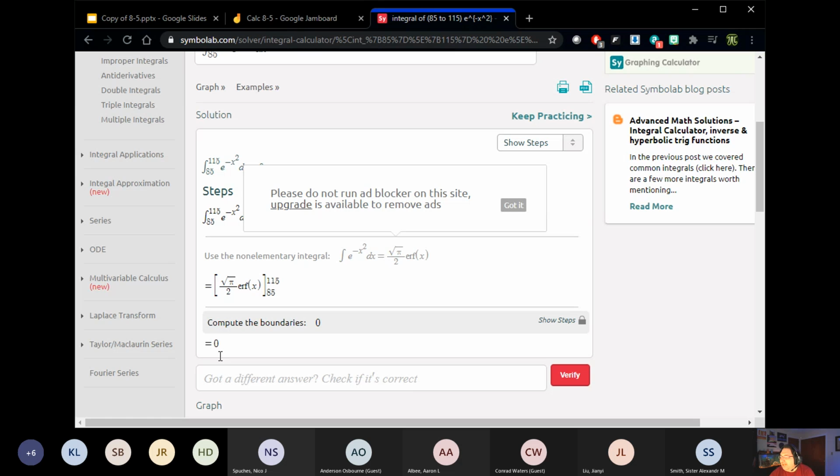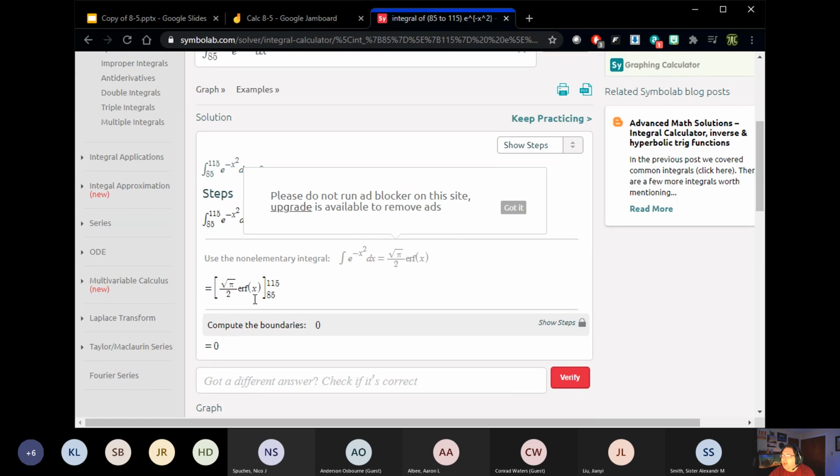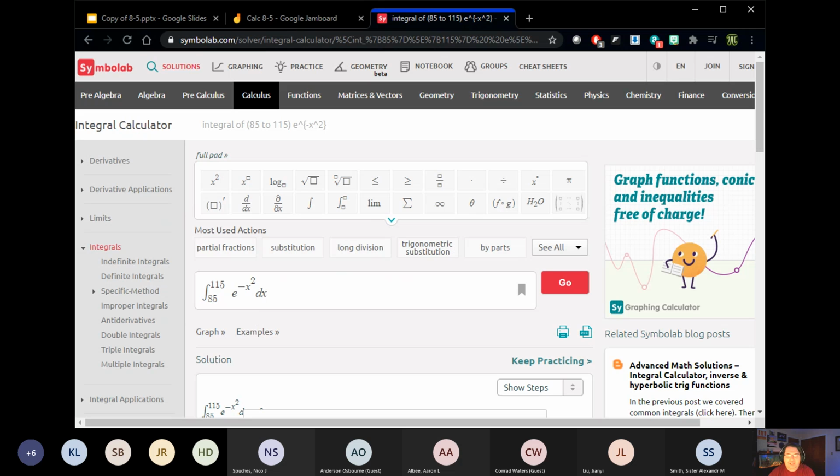I wanted to see if Desmos did it, and it didn't do it. But you actually have to use an actual calculator that does the integrations to figure it out. If you have the TI 89s, they'll do it. I think some of the newer Texas Instruments might also do it. They have the integration function in there.